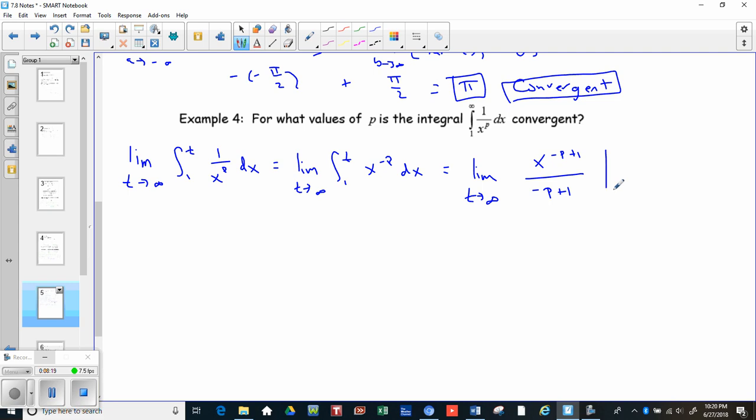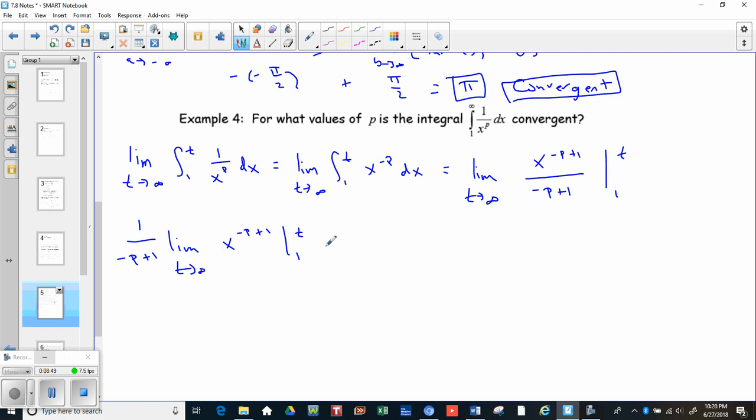And then I'm going to evaluate that from 1 to t. So this negative p plus 1 is a constant value. I can actually pull that out to the front of the limit in the denominator, so it's going to be 1 over negative p plus 1 times the limit as t approaches infinity of x to the negative p plus 1 from 1 to t.